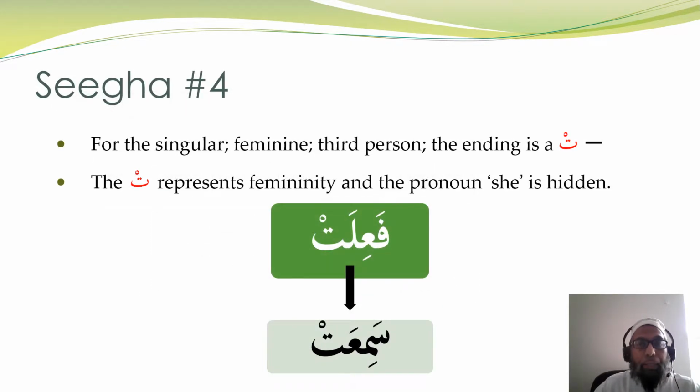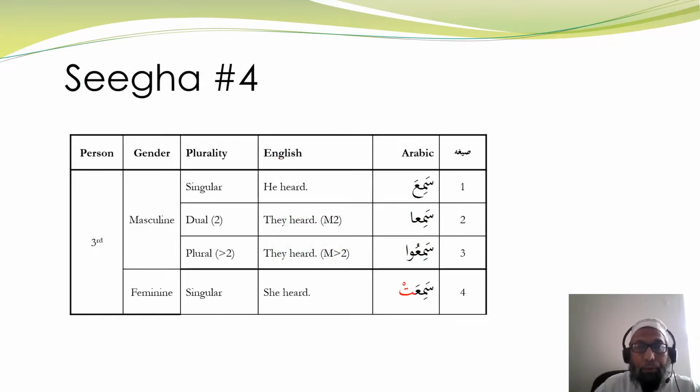And then you have fa'ilat, sami'at. That's the third person, feminine, singular. You have a ta sakina at the end, a ta with a sukun on it. The ta represents femininity, and the pronoun she is hidden, it's implied. Fa'ilat, sami'at, on the pattern of fa'ilat. So number 4: sami'a, sami'a, sami'u, sami'at.